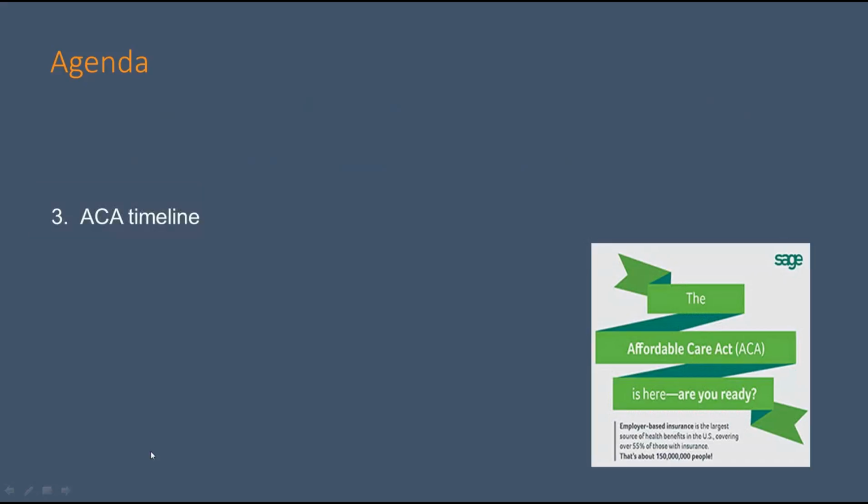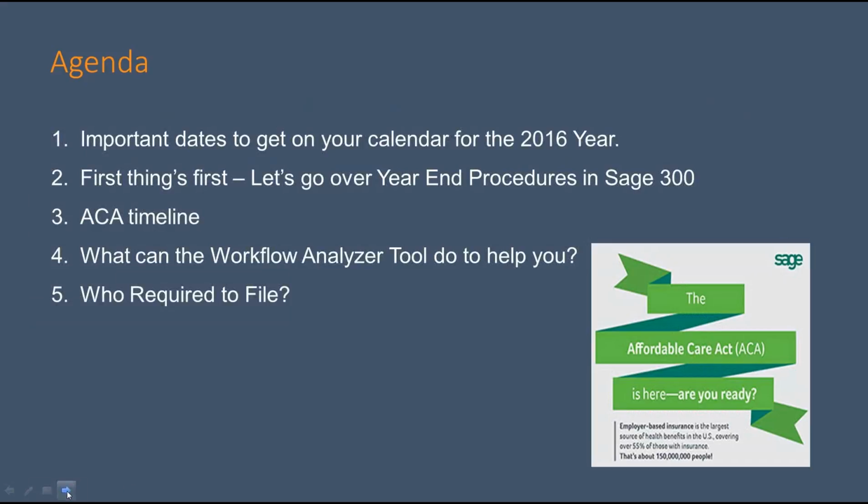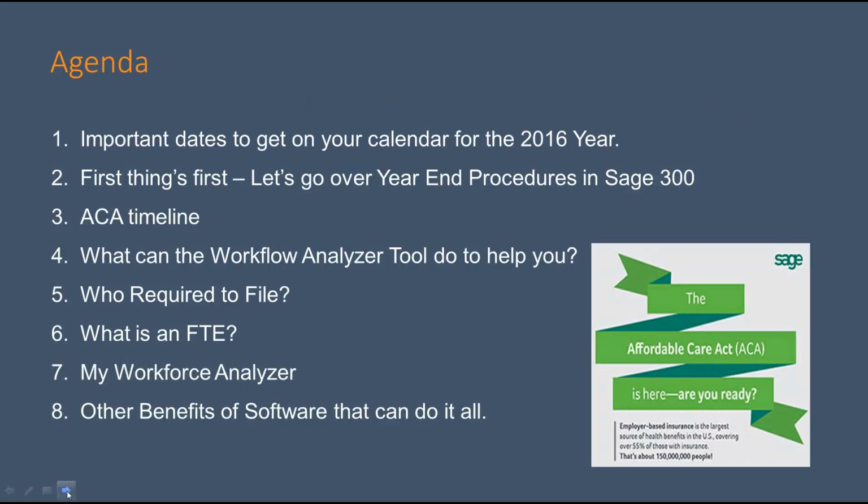Today's agenda, we're going to be, let me just get all of these up. Looks like I didn't put them in the right order. So we're going to be talking about important dates that you need to get on your calendar for next year, and I'm going to give you some of those so you're able to write them down. Then we're going to go over the year-end procedures in Sage 300 first.